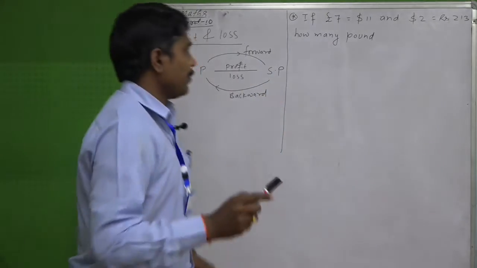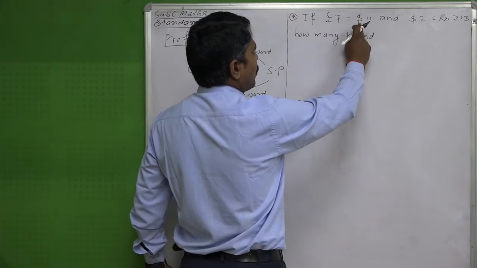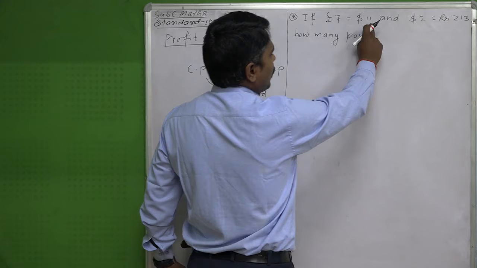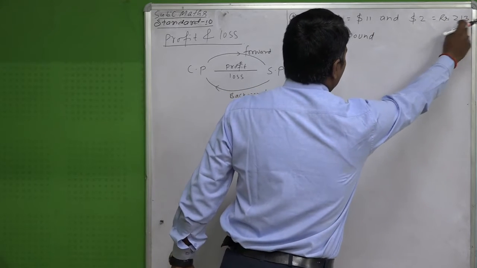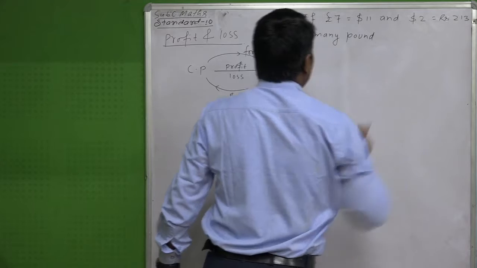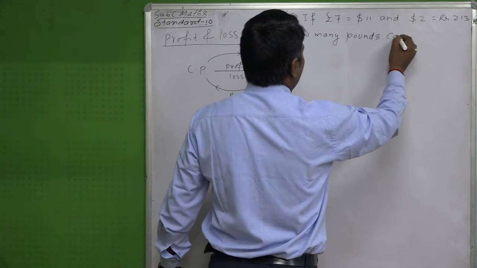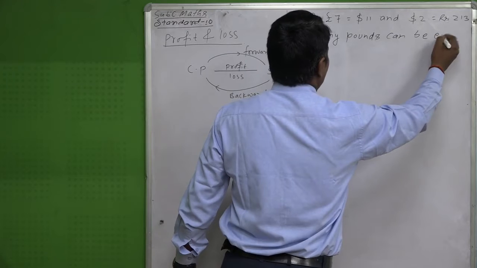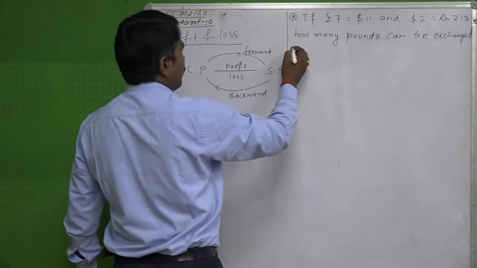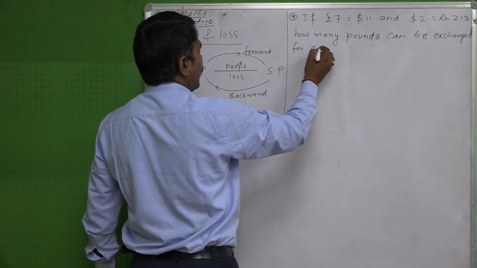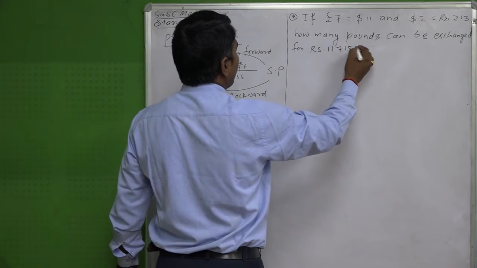For example, suppose pound sterling 7 is equal to US dollar 11, and US dollar 2 is equal to Nepalese rupees 213. How many pounds can be exchanged for Nepalese rupees 1,17,150?